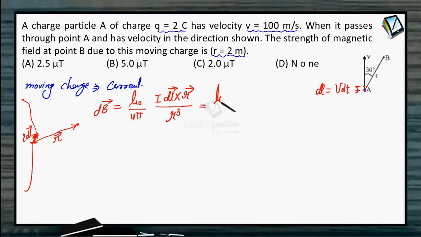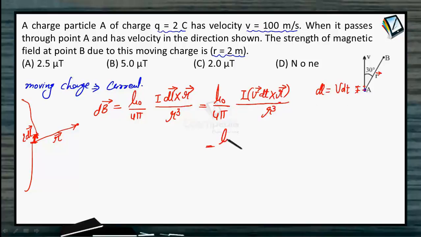It is mu naught divided by 4 pi into I, and in place of dl we write v vector into dt cross product with r vector divided by r cube. Here it is the r vector for this point. In place of dl we are writing v into dt.